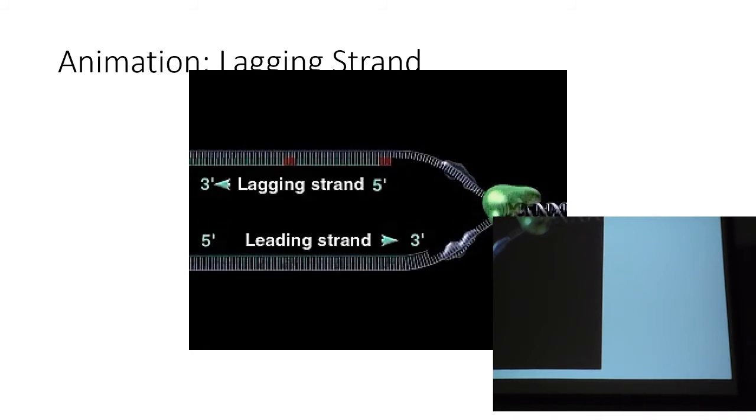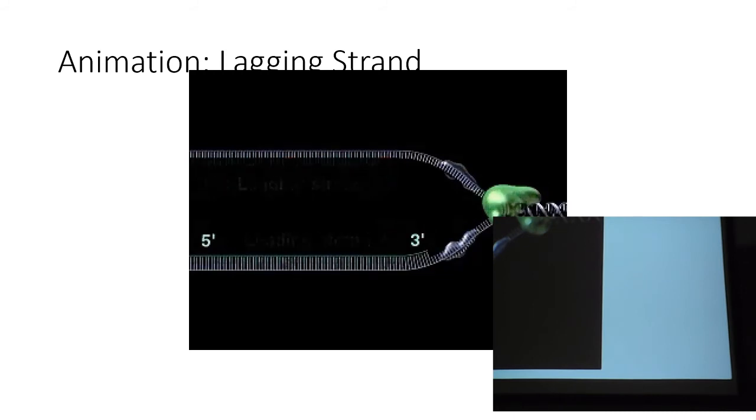We'll start with a brief overview of fragments being formed and linked. First, an RNA primer, shown here in red, forms the beginning of each fragment. The rest of each fragment is then synthesized from DNA nucleotides in a 5' to 3' direction.